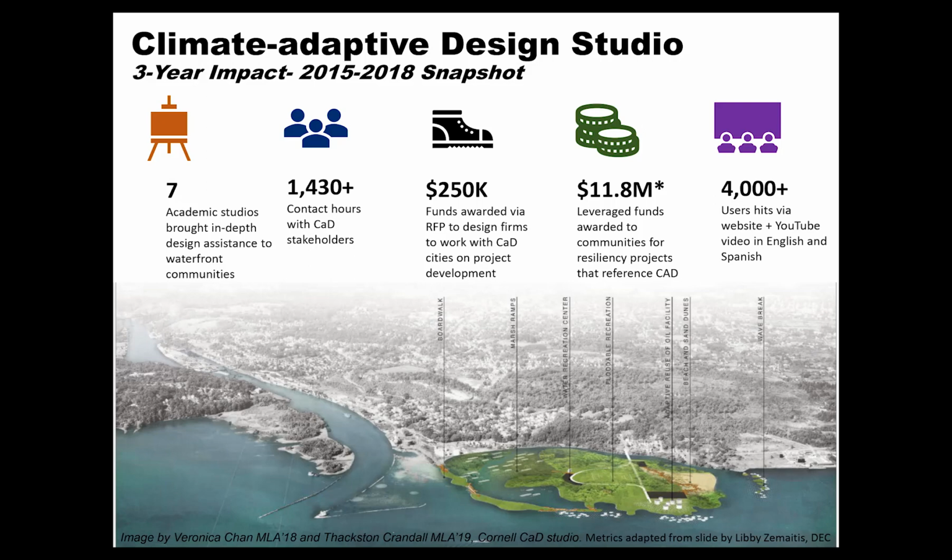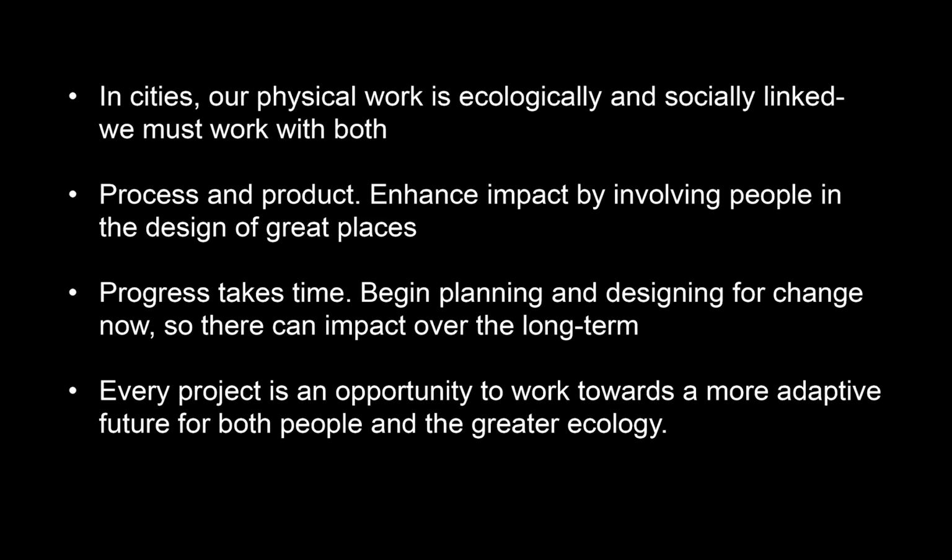So I guess in closing, because we want to save some time for questions, I think our work in cities is both ecologically and socially linked, and we really got to work with both. If we're only working with the physical stuff, we're only using half of the tools and resources and opportunities at our disposal. So we really need to be working with people and the physical landscape when we talk about resilience or climate adaptation.